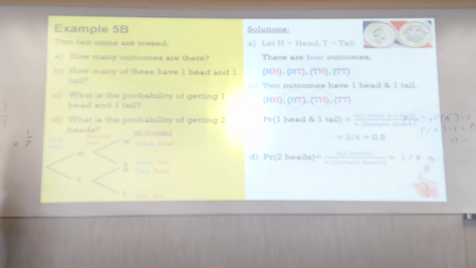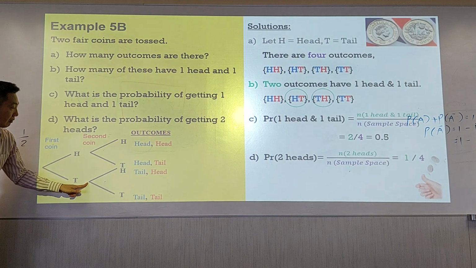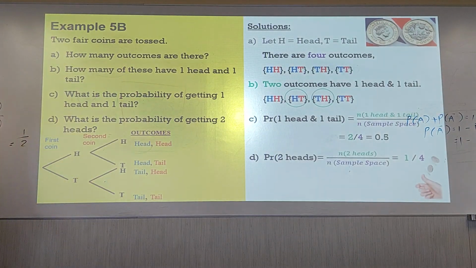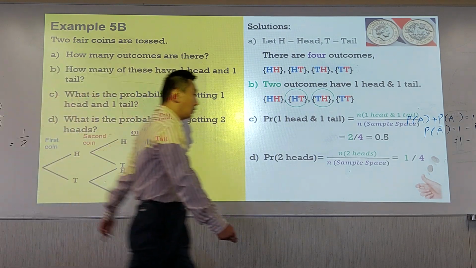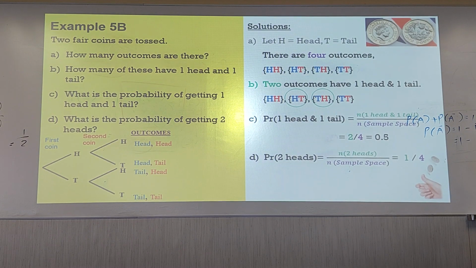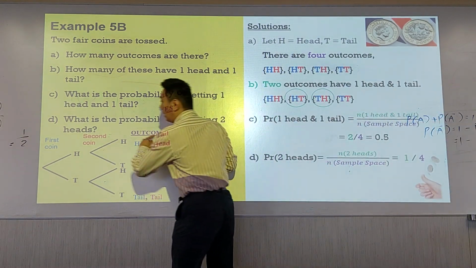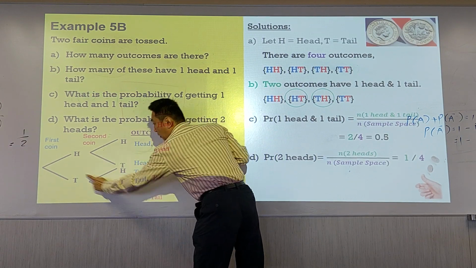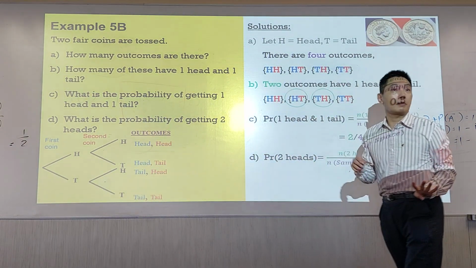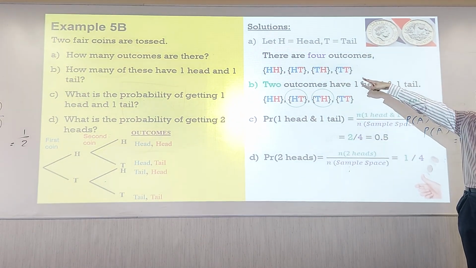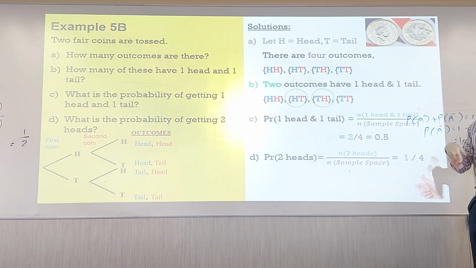Then move to the second coin, which also has two possible outcomes, head or tail, after each outcome of the first coin. If you check the pathways in the tree diagram, you also find four: HH, HT, TH, TT. So you can use a tree diagram, or just list the elements like this, to identify the number of outcomes.